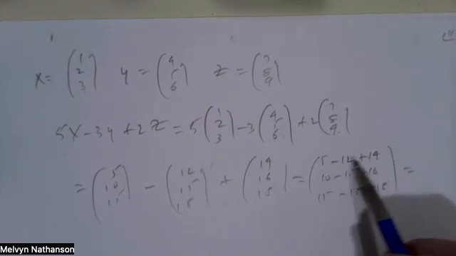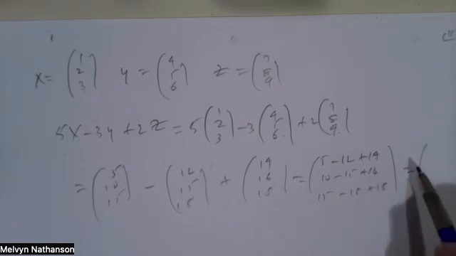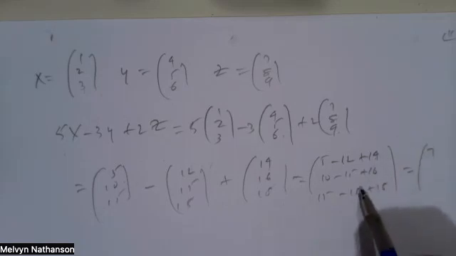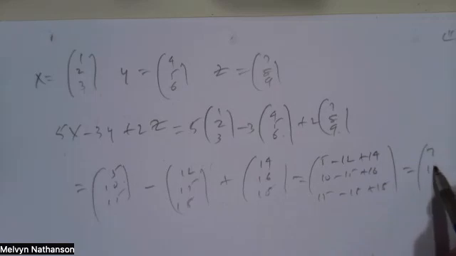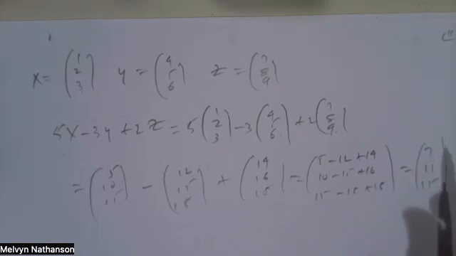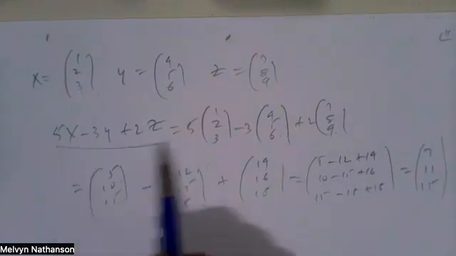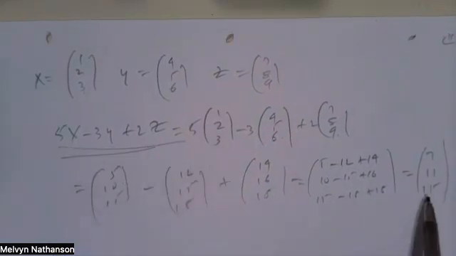So this is 5 plus 2, 7. This is 10 plus 1, this is 11. And this is 15. So if I did my arithmetic correctly, this linear combination is equal to the vector 7, 11, 15.